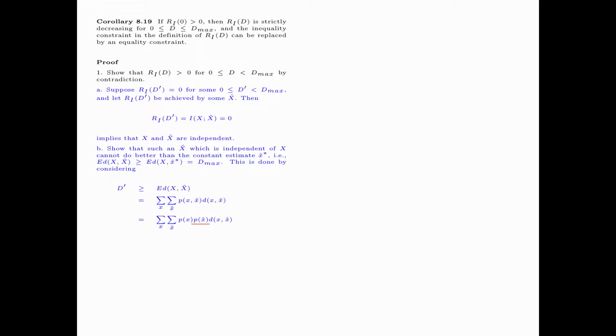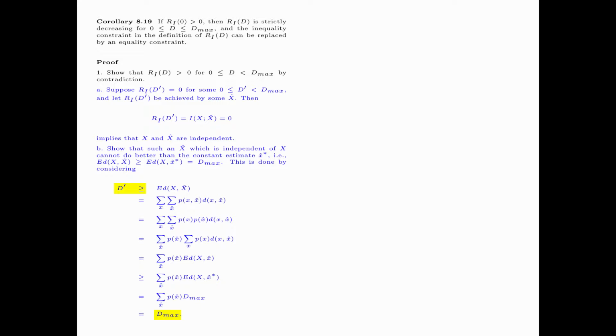Now p(x hat) does not depend on x, and so it can be moved outside the summation over x, and the summation over x of p(x) d(x, x hat) is simply the expectation of d(X, x hat). This is greater than or equal to the expectation of d(X, x hat star) by the definition of x hat star, and this expectation is equal to d_max, and finally we obtain d_max.